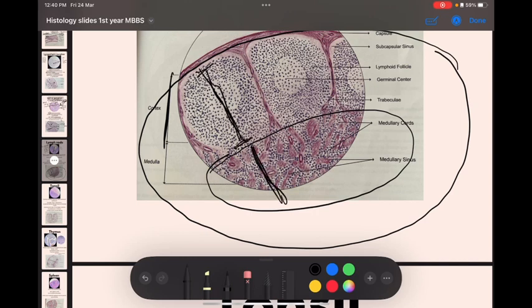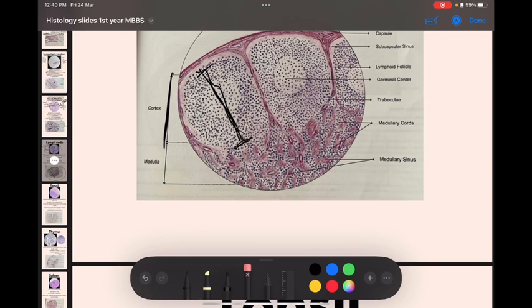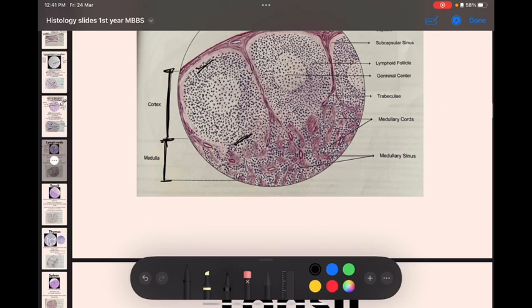The region between the cortex and medulla is called the paracortex.